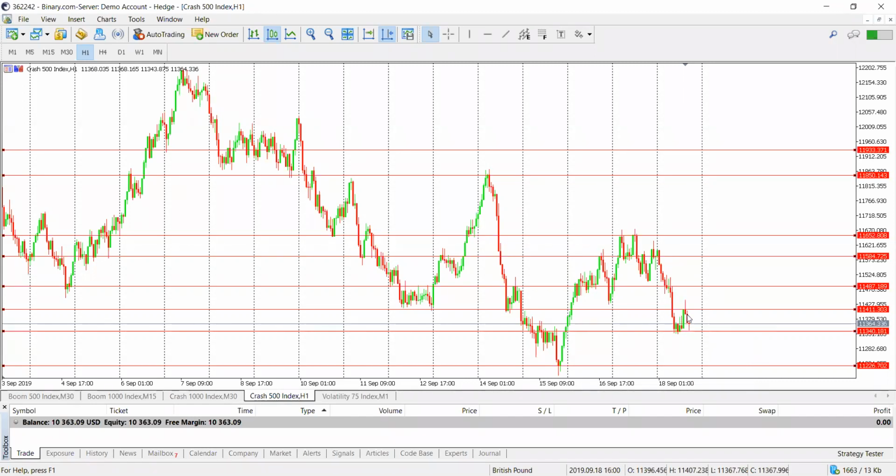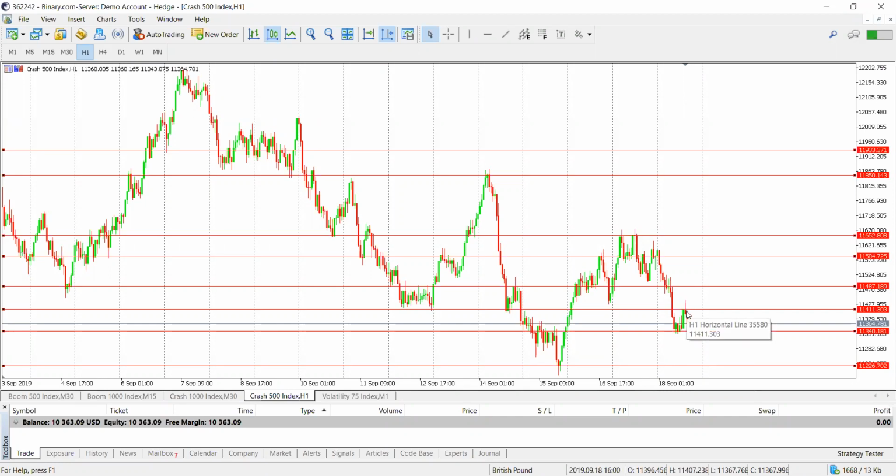But right now we are waiting for a sell to continue. Like this pin bar on a 1 hour time frame is a very strong signal for us to enter a sell.